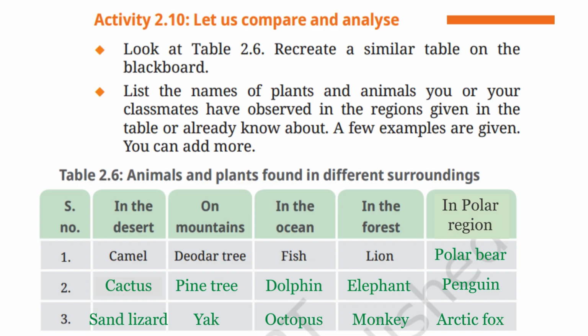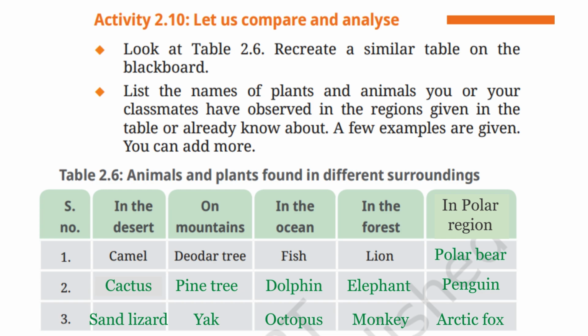So, we see different plants and animals in different surroundings like desert, oceans, mountains, forests, etc. Different animals and plants live in places that suit their body and needs. This table shows how living things are adapted to their environments.